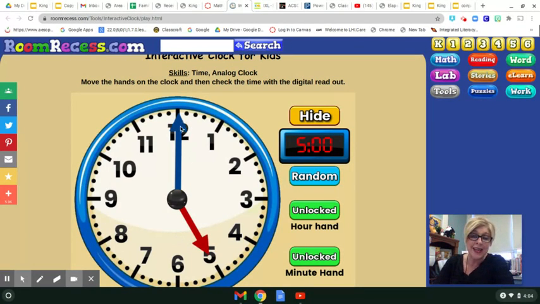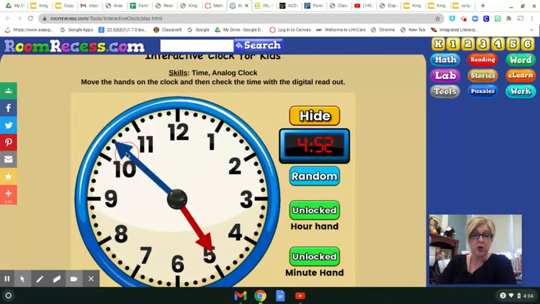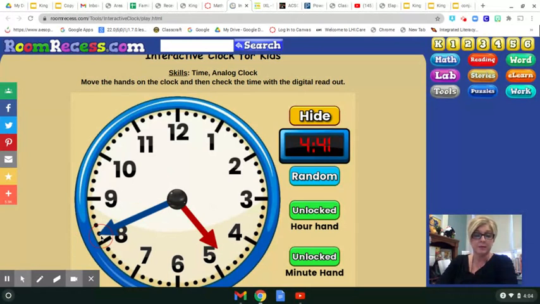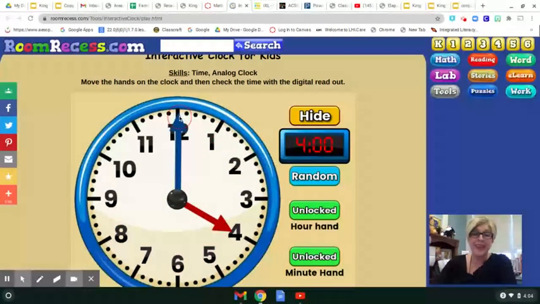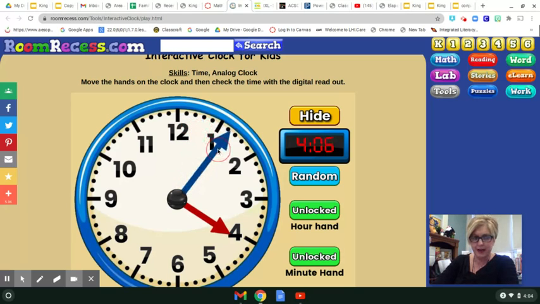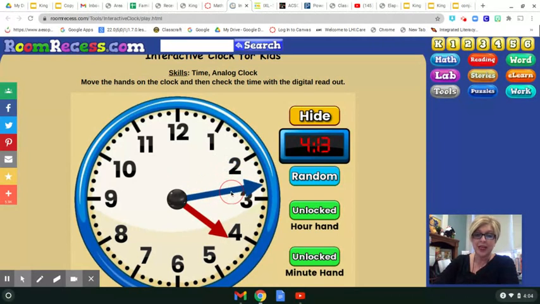So let's go back for a minute to 4 o'clock where we started. And we're going to talk about when that hour hand starts to move as well. So as I start dragging this minute hand, watch the hour hand. And you can see it's gradually moving towards that 5.